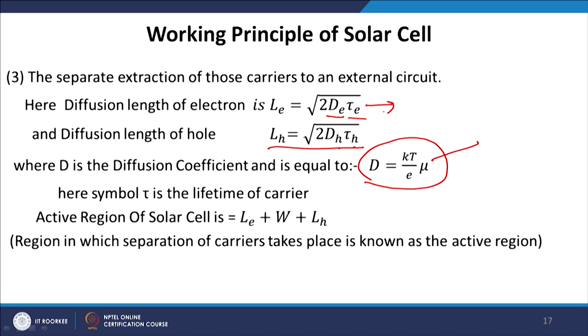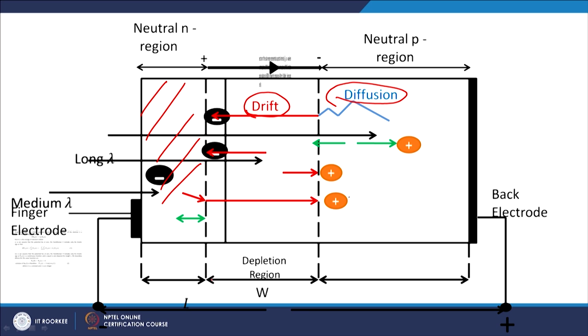So, the active region of a solar cell is the depletion region plus the diffusion length on both sides, one due to the electron and another due to the hole. Let us come back to the previous slide. If the depletion region width is W, and the diffusion length of the electron is Le, and the diffusion length of the hole is Lh, then the active region which generates the charge carriers is W plus Le plus Lh.